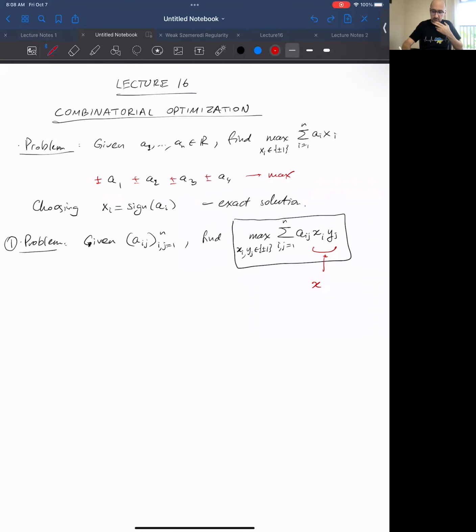Instead, we're building a quadratic form, the sum of aij xi yj, a bilinear form with integer constraints. In fact, Boolean constraints, 0 or 1, or -1 and 1.